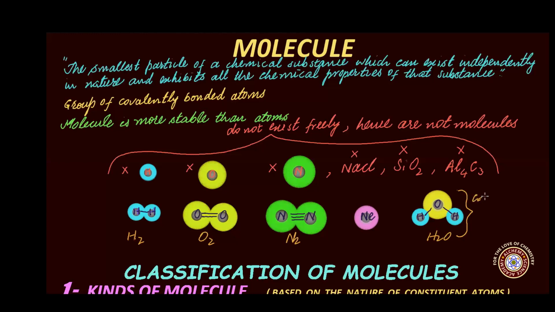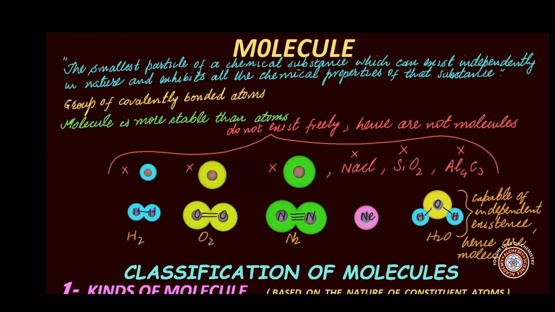They are capable of independent existence, therefore they are molecules. So up till now we have concluded that any particle of a chemical substance which is capable of independent existence is said to be a molecule.